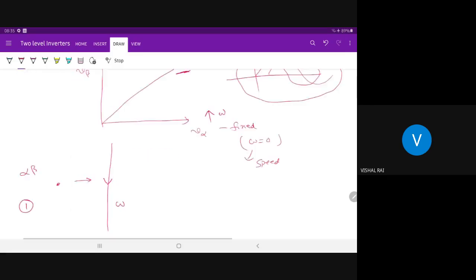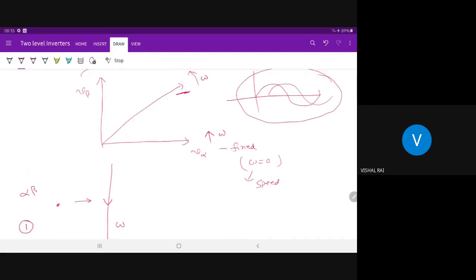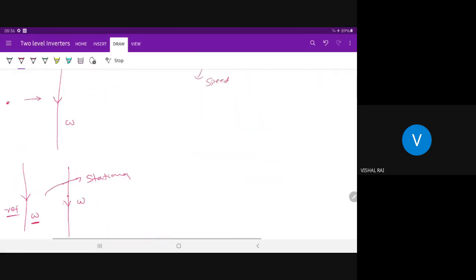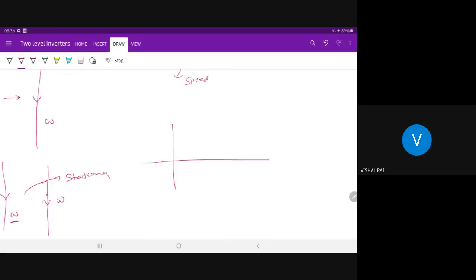Okay, so earlier we kept the axis stationary. That means alpha axis and beta axis, we kept them stationary so that you obtain this two-phase waveform, right? So now, whatever the resultant vector is rotating, if you also rotate at the same speed, what will happen? This resultant value will become stationary, right? So earlier you obtained this one, right?